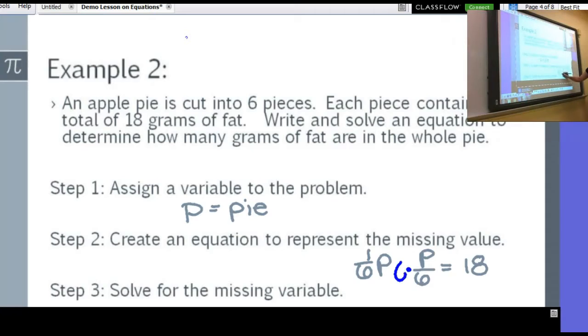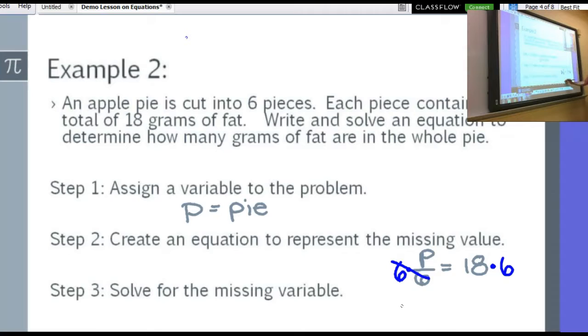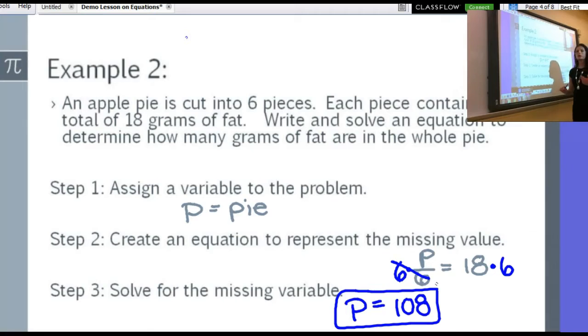So let's get rid of that division by multiplying by 6 on both sides. We cancel these out because they're inverse operations, and we solve for the missing variable by multiplying 18 by 6 and getting 108. So there are 108 grams of fat in that apple pie.